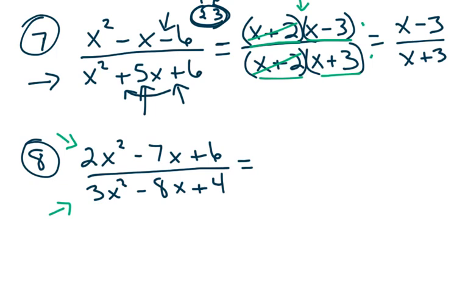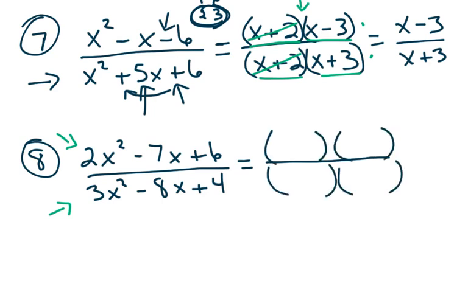Okay, hit pause now. You should have gotten 2x minus 3 and x minus 2 for the top factor, and then 3x minus 2 times x minus 2 for the bottom.